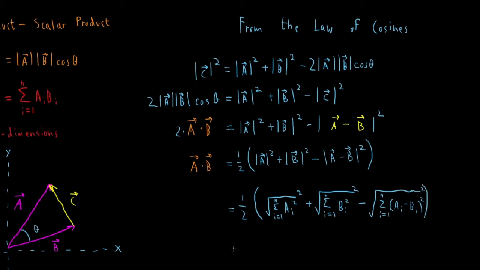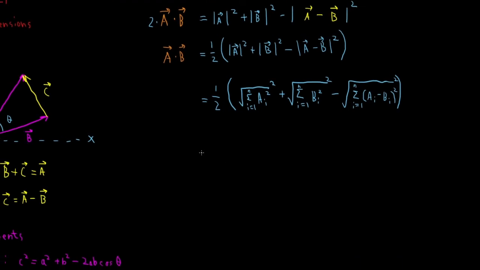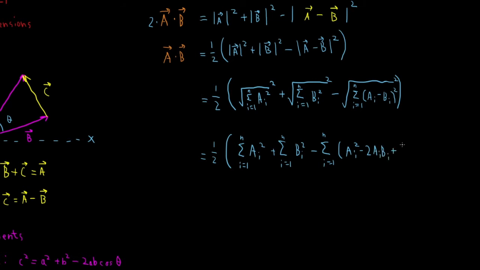Canceling out the square roots and squares and distributing the squared term within the third sum, the expression for the dot product becomes 1/2 the sum from 1 to n of Ai squared plus the sum from 1 to n of Bi squared minus the sum from 1 to n of Ai squared minus 2 Ai times Bi plus Bi squared.